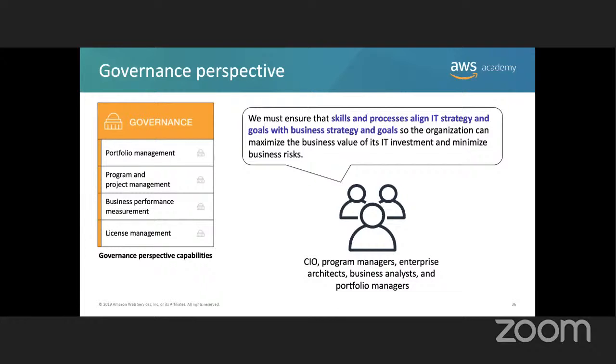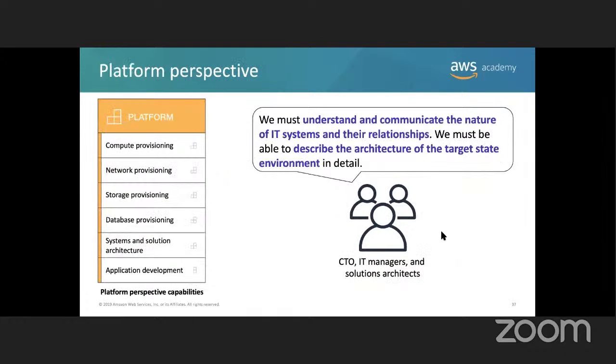They can use this cloud adoption framework to focus on the skills and also the processes that are needed to align IT strategy and goals with business strategy and goals. This focus helps the organization maximize the business value of its IT investment and minimize the business risks.